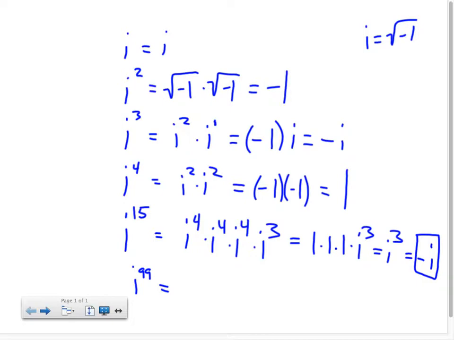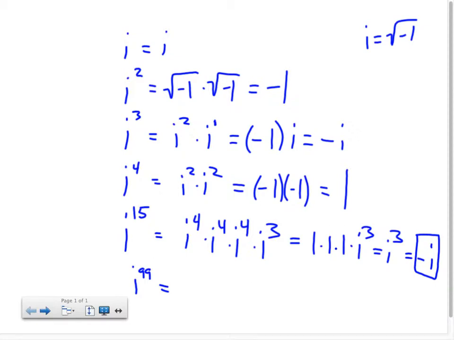Well, what if we have a really big exponent? How could we get this thing simplified a little bit easier without having to write all of these out? Well, the reality is that we've got an i to the fourth, an i to the fourth, and an i to the fourth. Each time we have one of those, we're taking out a 4 from 15.